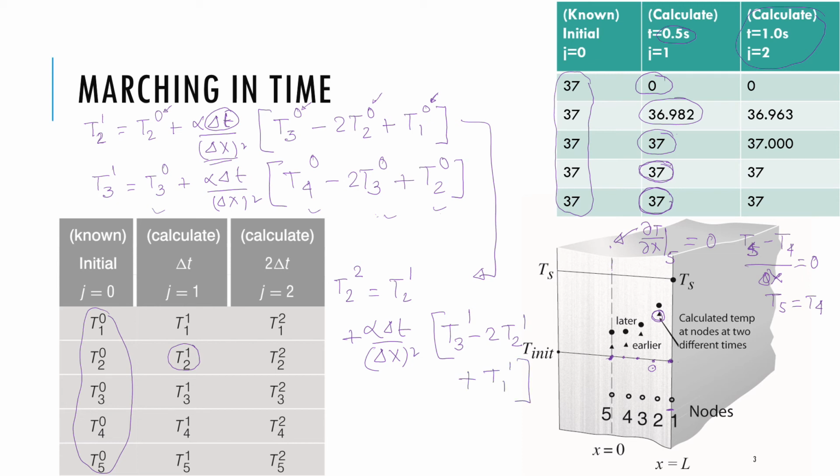Okay, so T2 at the second time step is calculated from all these values that are at 1, but they are all known now, so I can calculate this value. And so we repeat this process at the next time step and next time step and so on. That's why this is called marching in time.